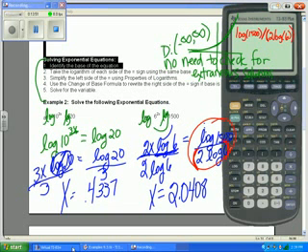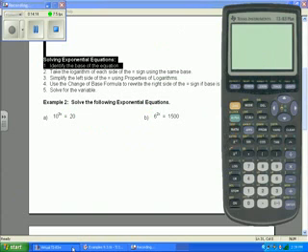Otherwise, your calculator would do this. Your calculator would go log 1500 divided by 2, and then it would get its answer, and then it would multiply by log 6. So that's why you have to include this to mandate the correct order of operations. So let me actually put this in here. Here we go.